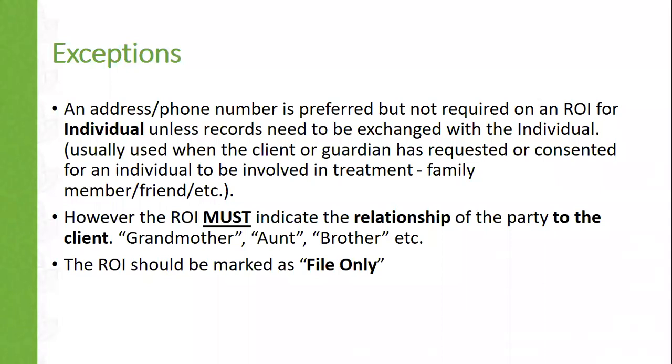So in other words, if a grandmother wants to have a copy of the client's behavioral health assessment, for instance, and they're participating in treatment, obviously the guardian's going to sign a release of information to allow that. But if there's paperwork that needs to be sent to somebody, make sure there's an address on that release. And again, you've got to put a relationship in there if it's for an individual.